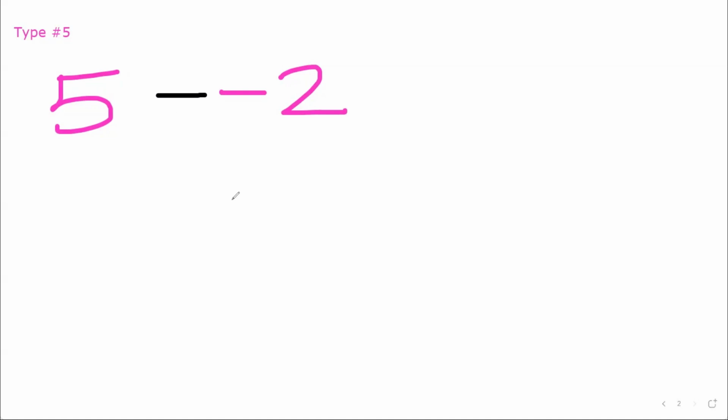When we're subtracting a negative number, it's the same as adding. Subtracting a negative is the same as adding. So 5 minus -2 is the same as 5 plus 2.